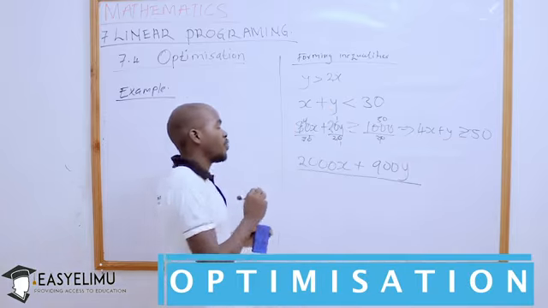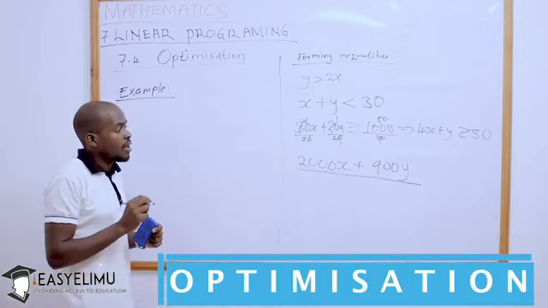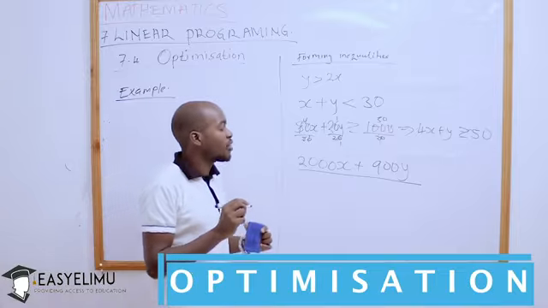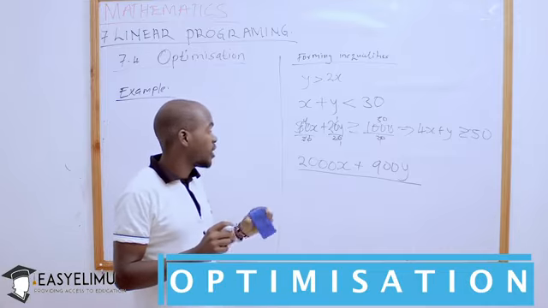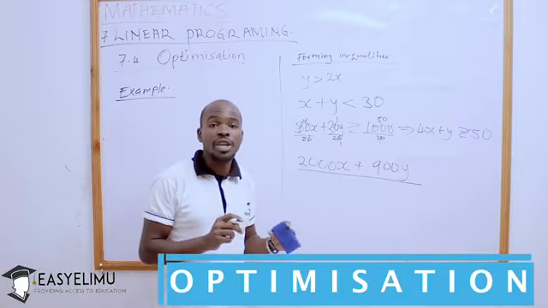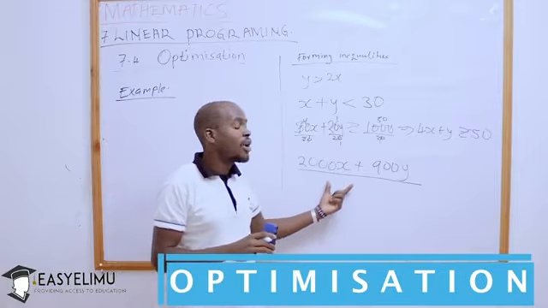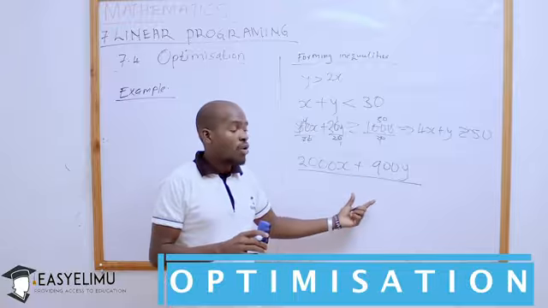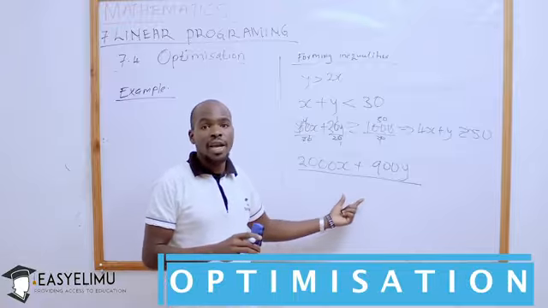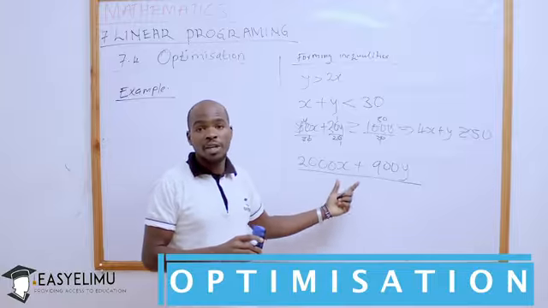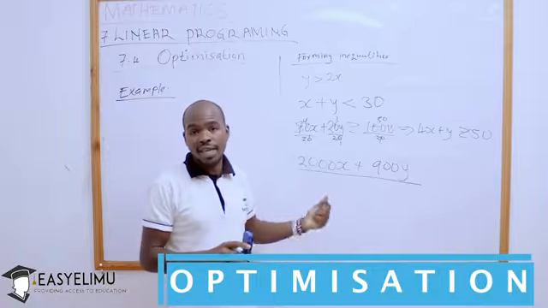This is the expenditure function. In mathematics we refer to this as the objective function, because it will lead us to find the maximum and also the minimum expenditure the contractor will make.